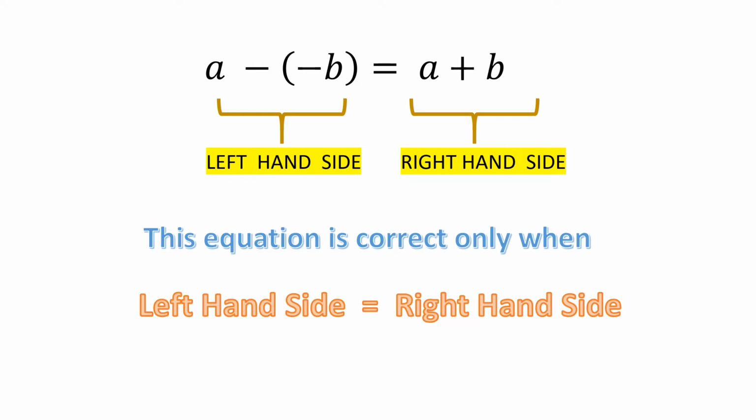That is the only time we can say that this equation is correct. So we are going to check whether this equation is correct or not. That is what we are going to verify. We need to check whether this side is equal to this side or not.